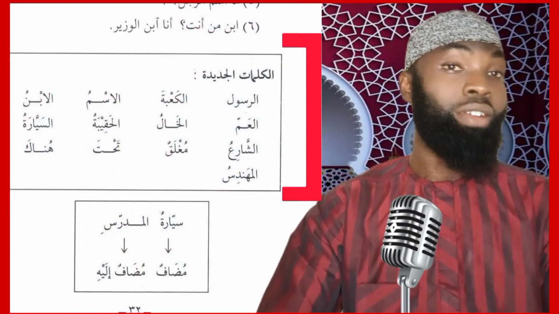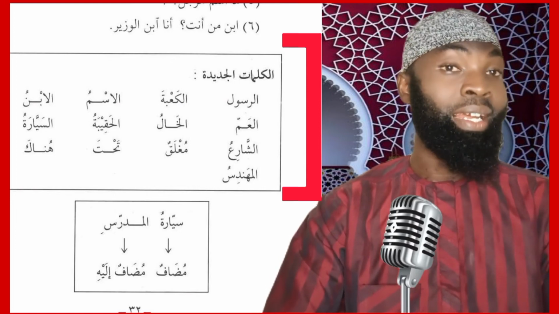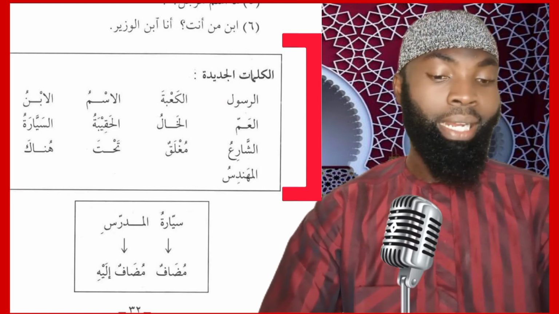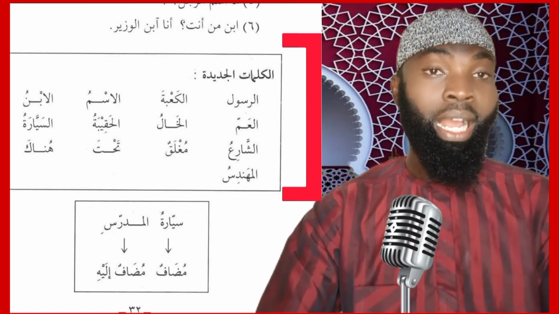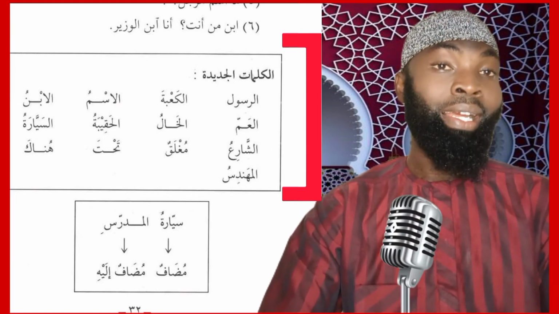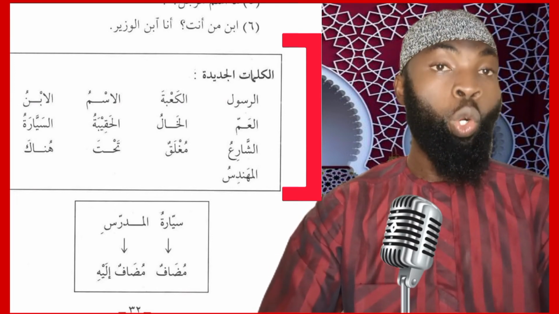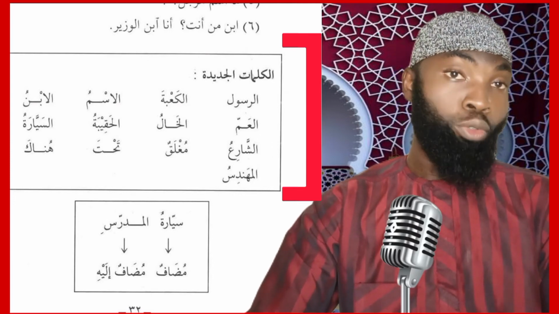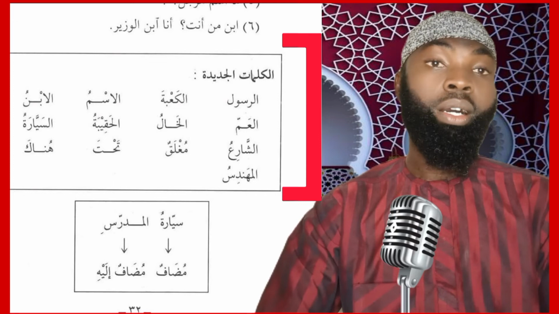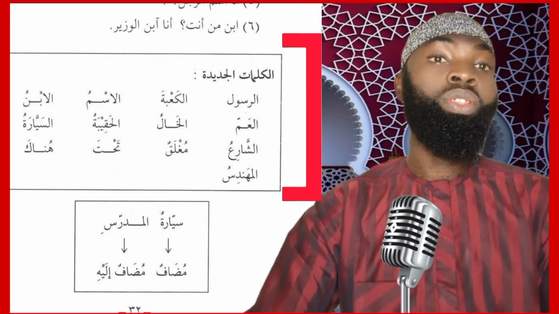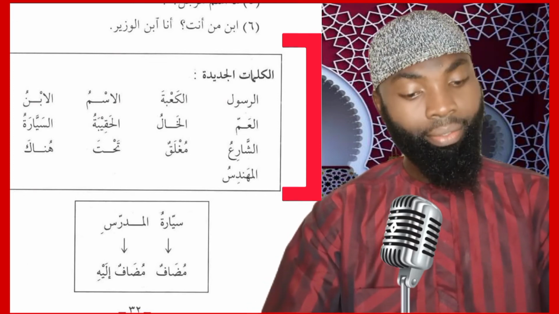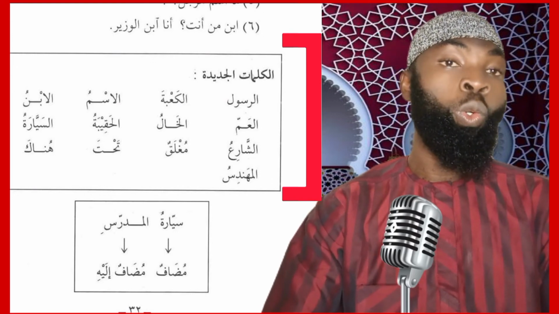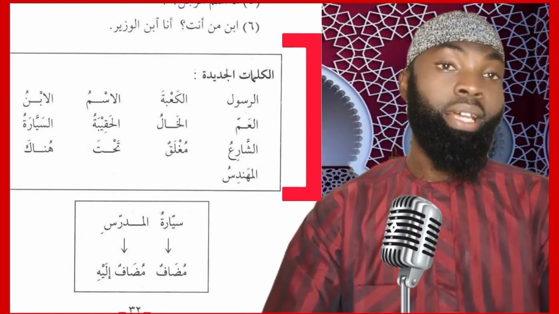Now we have Al-Kalimatul Jadida, new vocabulary or new words. The first word is Al-Rasul, the messenger. Al-Kaabadu, the Kaaba. Al-Ismu, name. Al-Ibnu, son. Al-Ammu, paternal uncle. Al-Khalu, maternal uncle. Al-Ammu, paternal uncle, is the word used to refer to the brother of your father, while Al-Khalu, maternal uncle, is the brother of your mother.